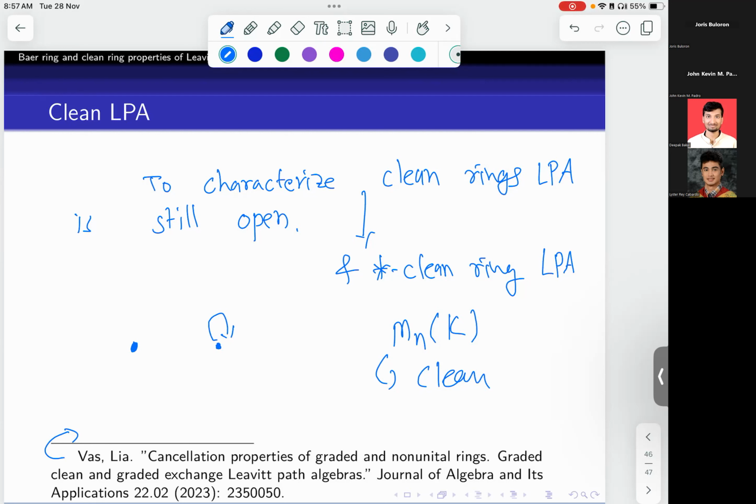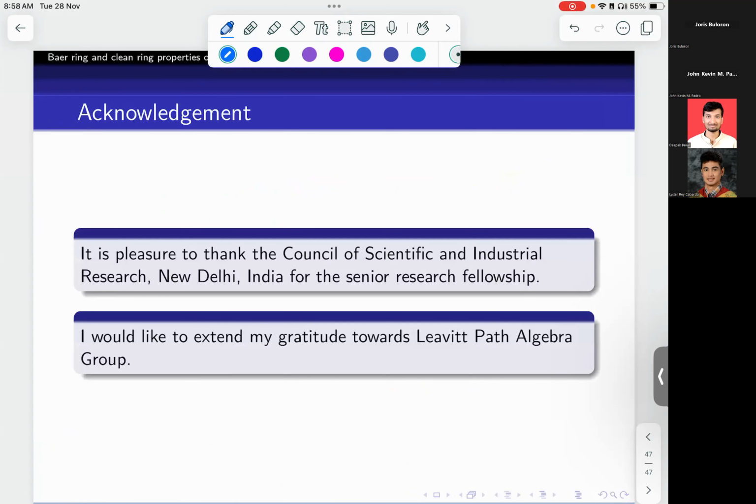There are also local versions, where instead of the ring R you consider the corner ring eRe, and that was also done in that paper. So the other things are known, but the main problem here is to characterize clean and star clean Leavitt path algebras. With this, I stop my lecture. Thank you, everyone. Thank you, Deepak.